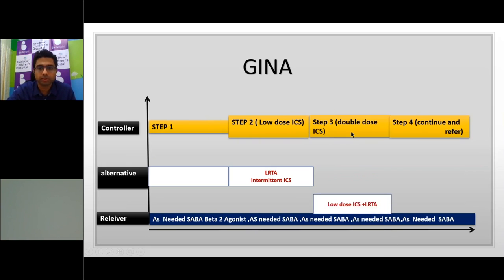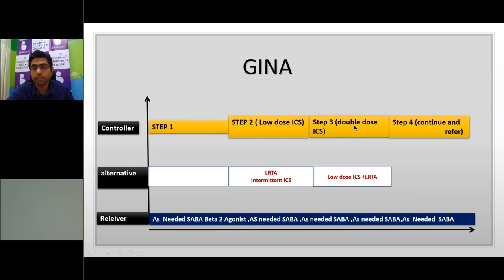Step 3, what is the alternate option? Some parent might come and tell you, hey, doctor, I don't want to double the dose of inhaled corticosteroid. Do you have any other alternative option? The alternative option for step 3 is you will continue low dose as in step 2, but you can add on a leukotriene, that is montelukast. And finally, step 4 is you have to take help.